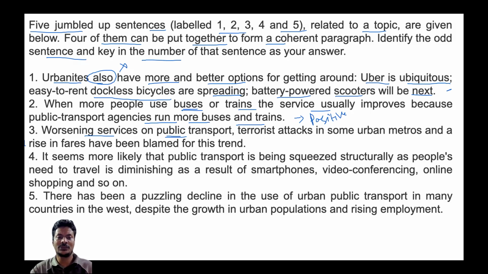So this one is going against public transport by saying that the services on public transport become worse. Why? Because of terrorist attacks in some urban metros and a rise in fares, which have been blamed for this trend. So people do not use public transport because of their fear of terrorist attacks, as well as they find the rise in fares.